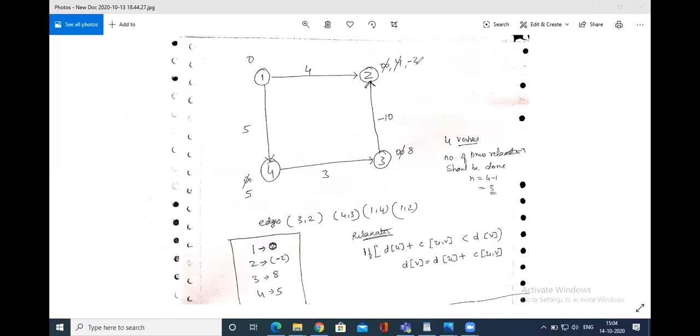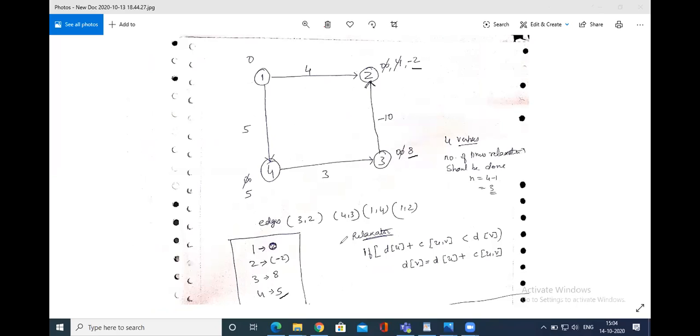At vertex 2, it is minus 2. At vertex 3, it is 8. At vertex 4, it is 5. Clear? So this is how we solve the single-source problem using the Bellman-Ford algorithm.